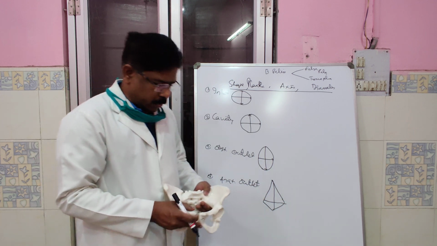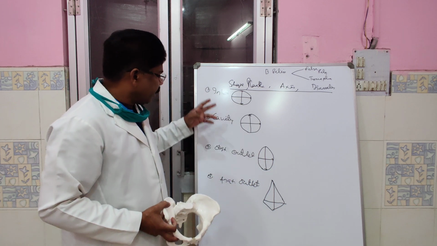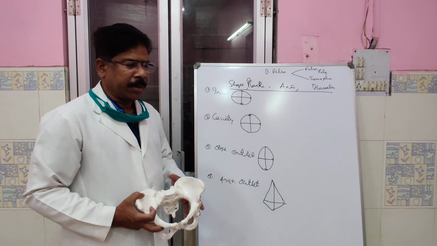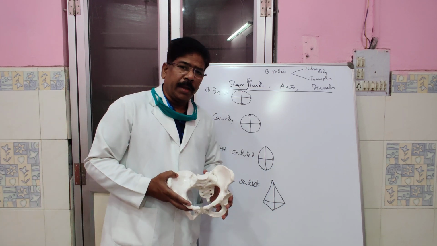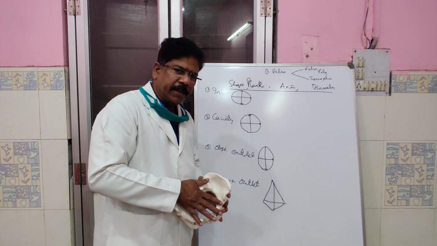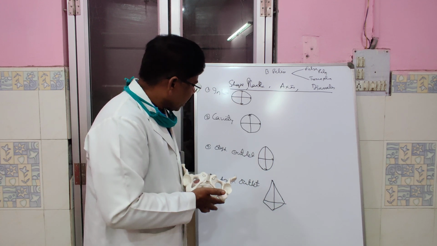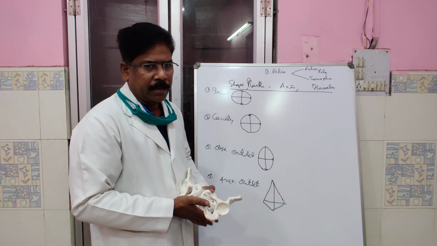Now let us know where the planes of the inlet, cavity, obstetrical outlet and the anatomical outlet are. The inlet itself is a plane and the anatomical outlet itself is a plane.